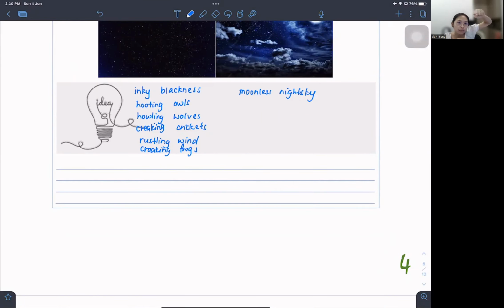The street lamp will, what is that called? Flickering. So we can also talk about the flickering street lamp. Laughter from the house. Human eating dinner. Okay, human eating dinner.